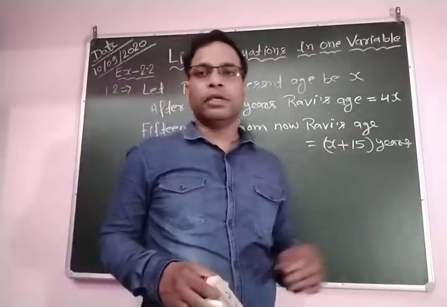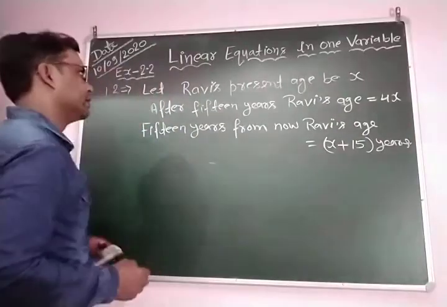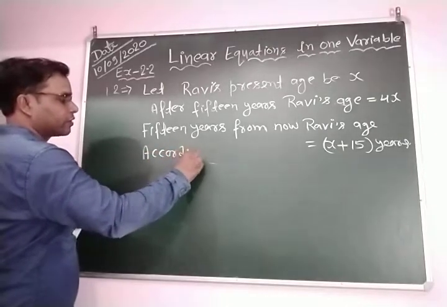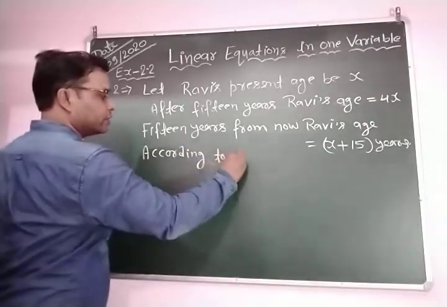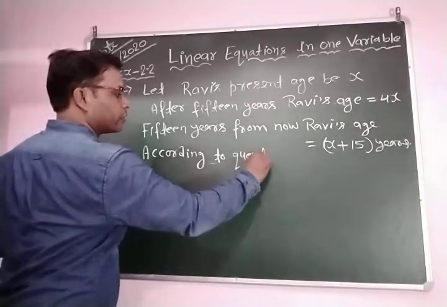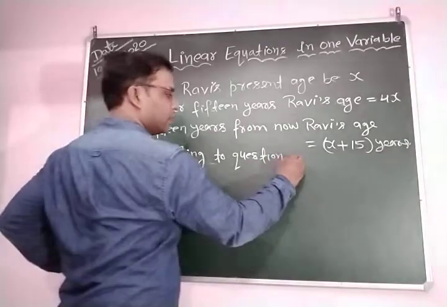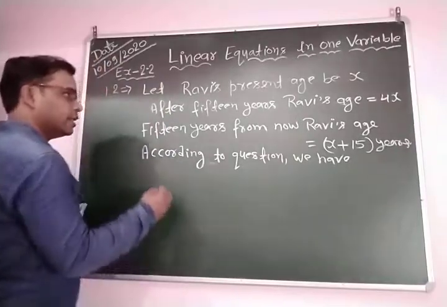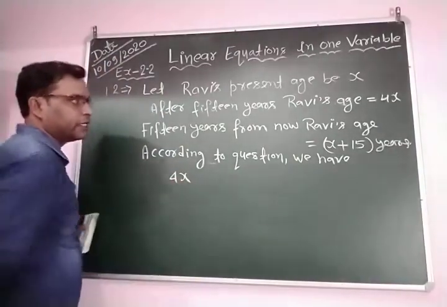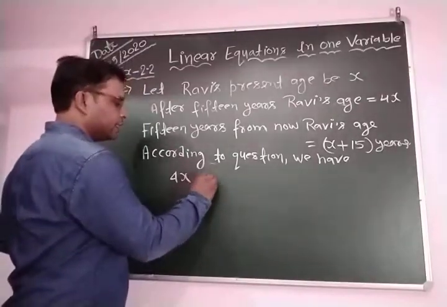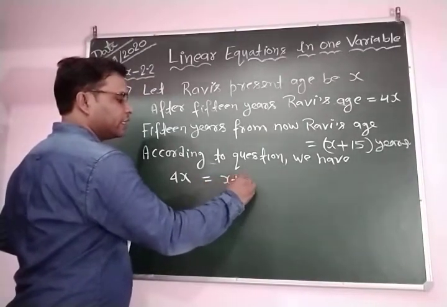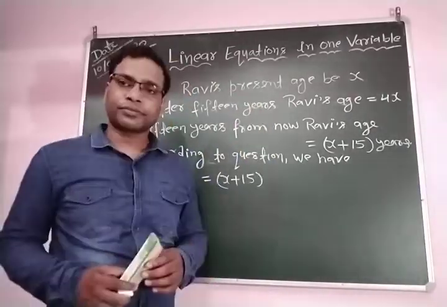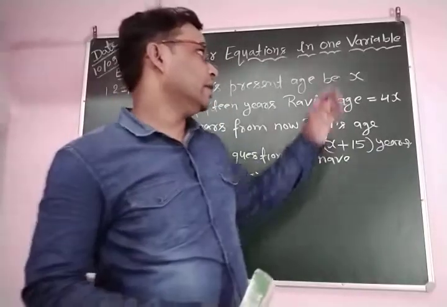So both are equal. According to the question we have 4x, because this is the age of Ravi after 15 years, and this is also x plus 15, the age of Ravi after 15 years, because we let the present age of Ravi be x.